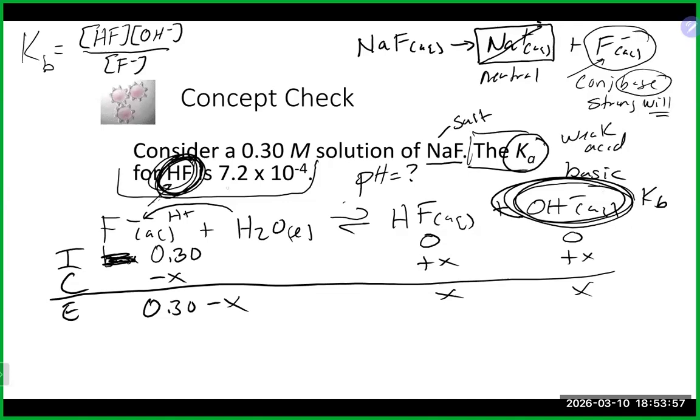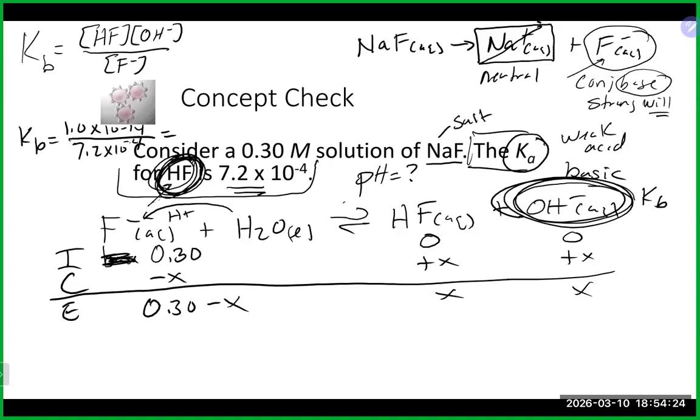And looky, we do not have a Kb given to us, but we have the Ka. So once again, this is where we're going to use that relationship to get the Kb value. The Kb value will be our 1 times 10 to the minus 14, which is our Kw, divided by our Ka value here, 7.2 times 10 to the minus 4 in this case.